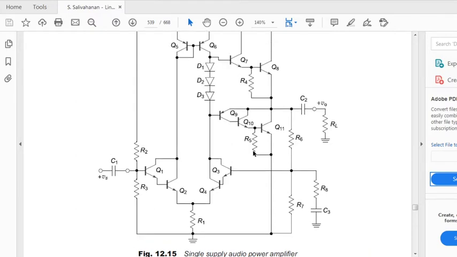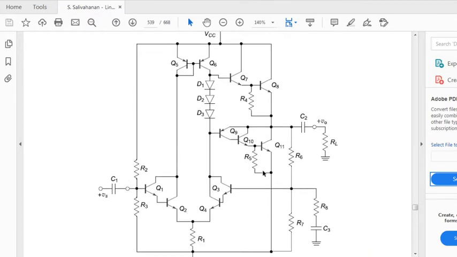So what we have seen earlier, the purpose here is to do the amplification for audio signals. However, you have to keep in mind that the configuration comprises an input stage, an active load, and a combination of diodes to drive your output stage. And the output stage can either be a push-pull configuration or a Darlington pair configuration.